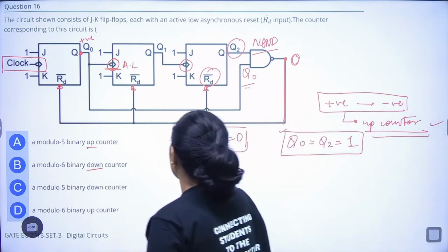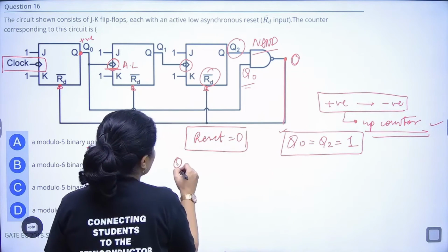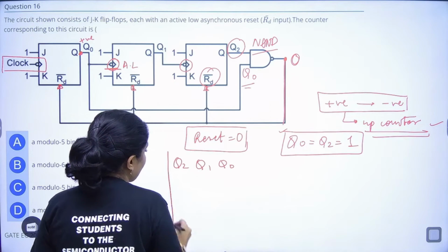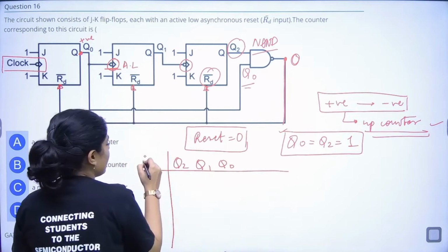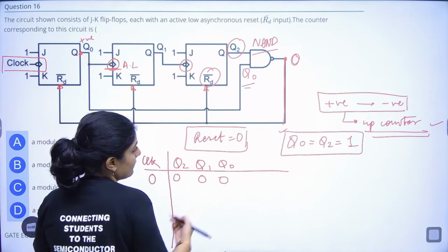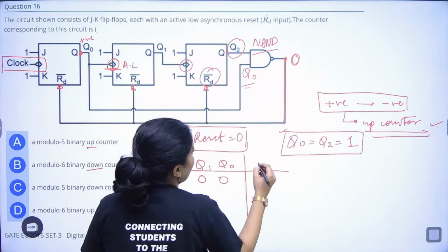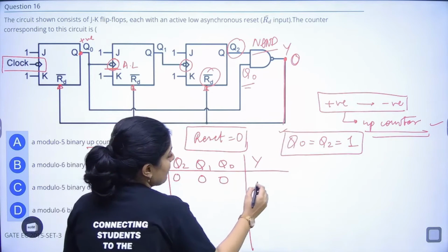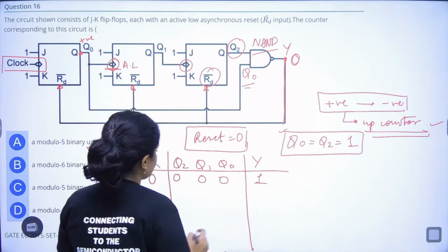So we'll start counting Q2, Q1 and Q0. It is an up counter. Clock: 0 0 0, and this is the NAND output Y. It is equal to 1 in this case.